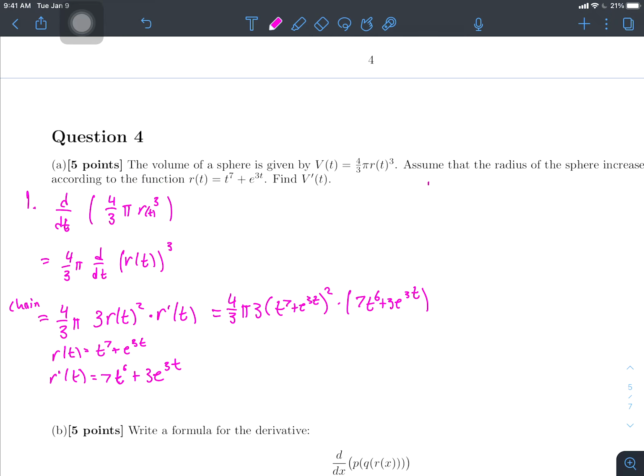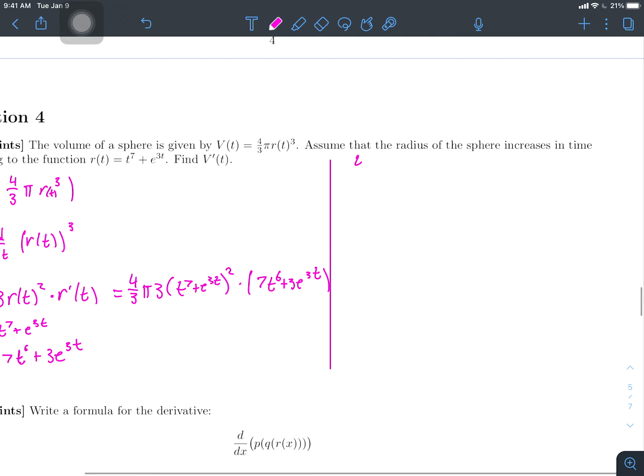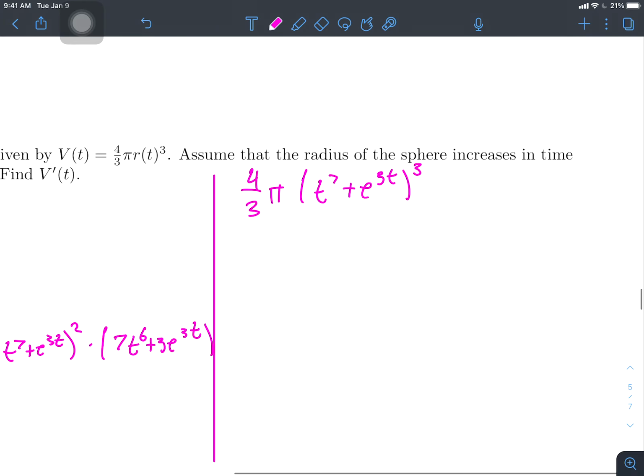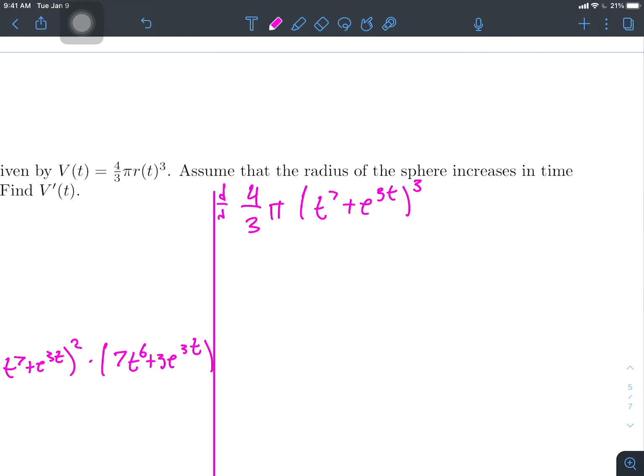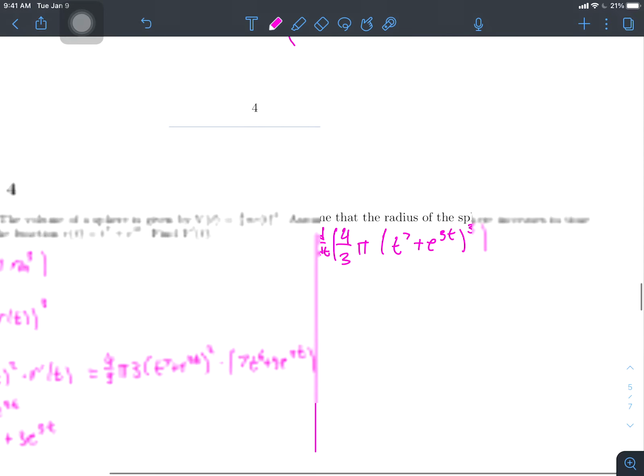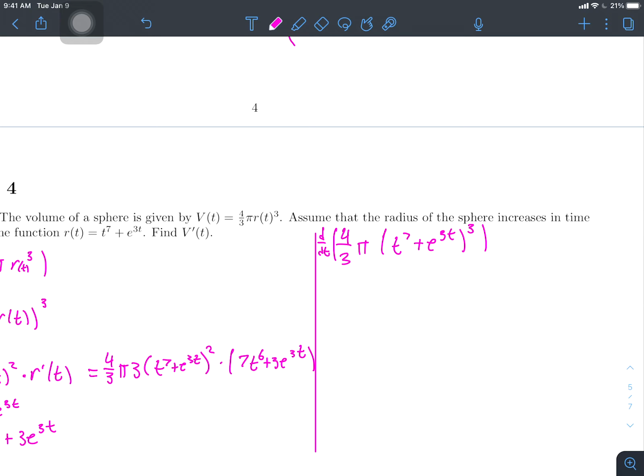The other way to do it would be to start by plugging in what r is. So you'd get 4/3 pi times t to the 7 plus e to the 3t, all cubed, and now we need to take the derivative d dt of this. If you want to do it this way, there are two ways.